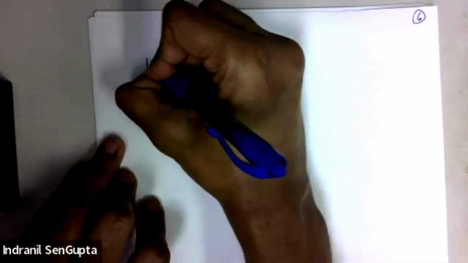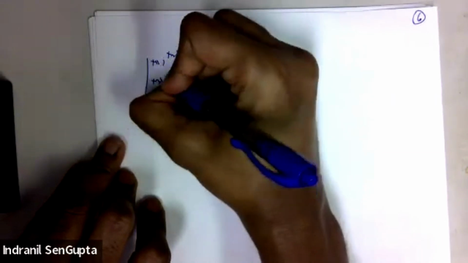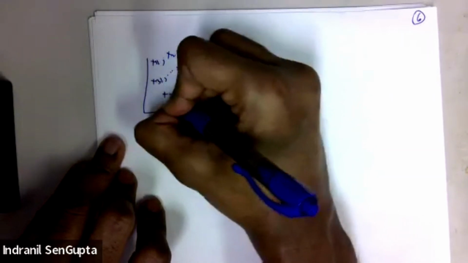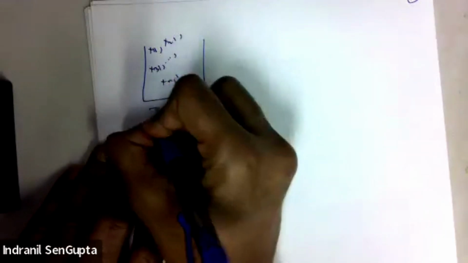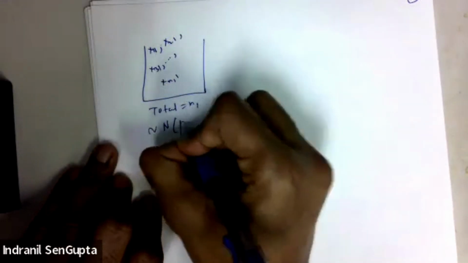So let's write this down more clearly. We have the first bucket, which has x11, x21, x31, all the way up to x n1 1. Okay, so the total is n1, and it follows mu1, sigma squared.